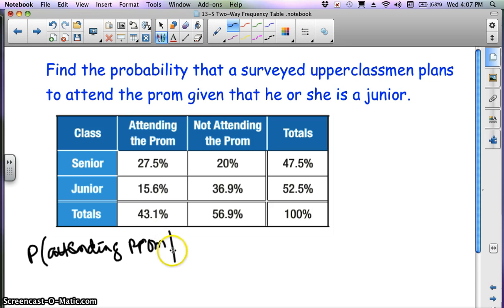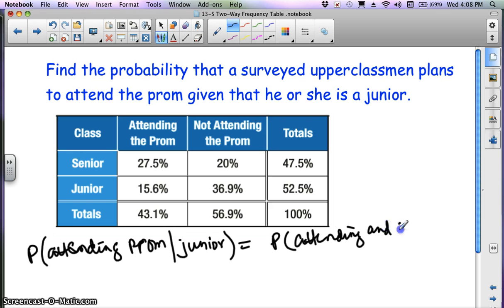Given, this line here means given that this person is a junior. So when we do that, we are actually going to look at the probability of this person is attending and a junior and out of all the juniors.